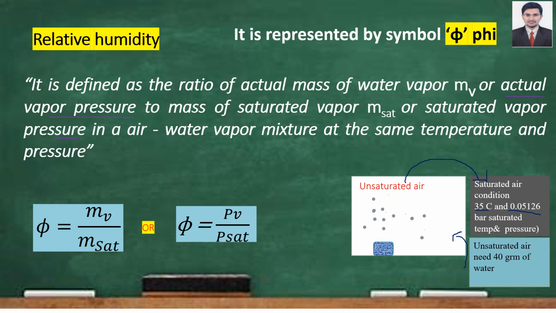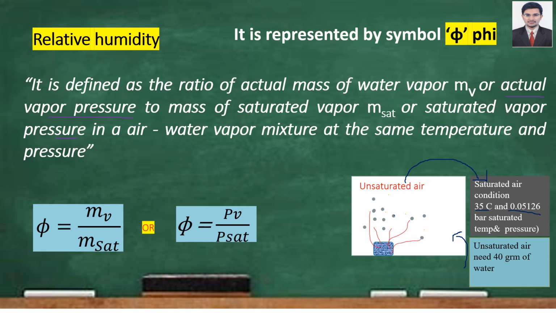As long as you keep this water container inside the room, these air particles absorb water from the container because it is unsaturated air. So the unsaturated air will slowly absorb water from the container and try to convert from unsaturated to saturated air.